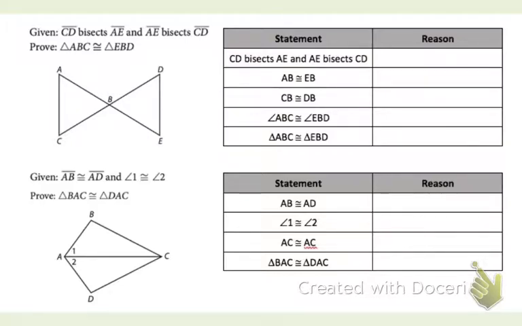And it says that CD, so this one right here, bisects AE. And it also says that AE bisects CD. So we know these are both bisectors. They bisect each other. So maybe I'll just label, let's say, bisect each other.